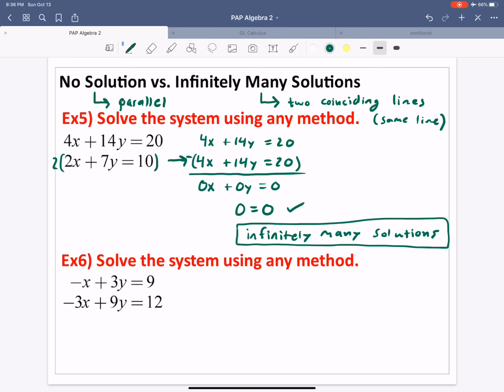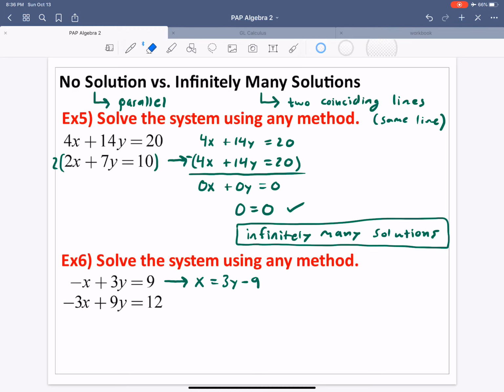Now the next one, example 6, says solve the system using any method. You could do substitution or elimination on this one. I'm going to show you substitution. If we do substitution here, I'm going to solve for x on that first equation. So as I add x to one side, and then subtract 9 from the other, I get x equals 3y minus 9.